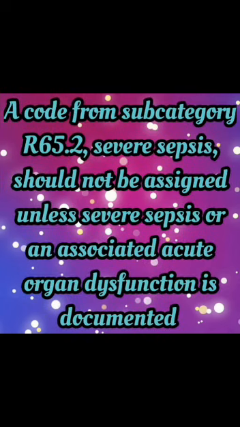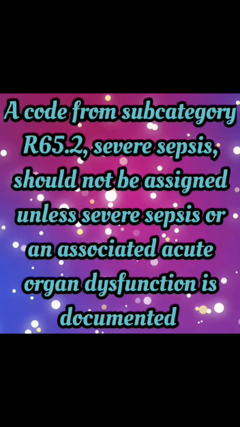Next, we will see another guideline. See, a code from subcategory R65.2, that is severe sepsis, should not be coded unless in the documentation we have severe sepsis or any organ dysfunction. Then only we can code this. Otherwise we cannot code. So sepsis means just an infection because of septicemia.